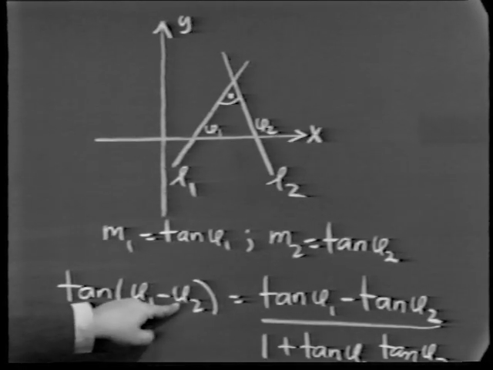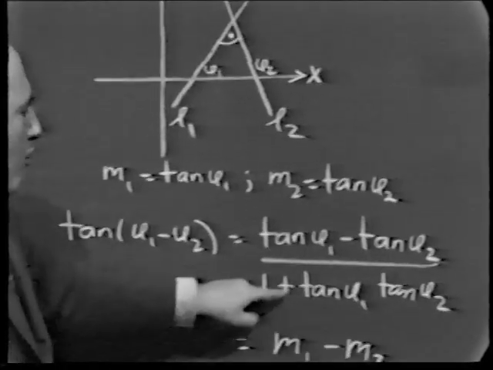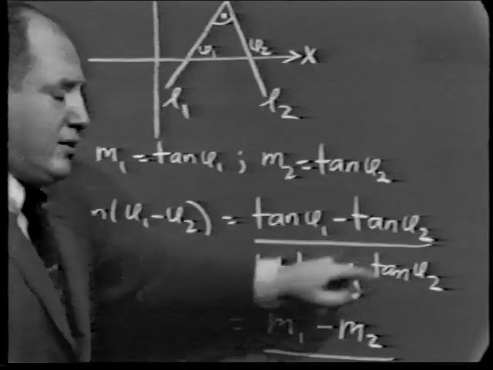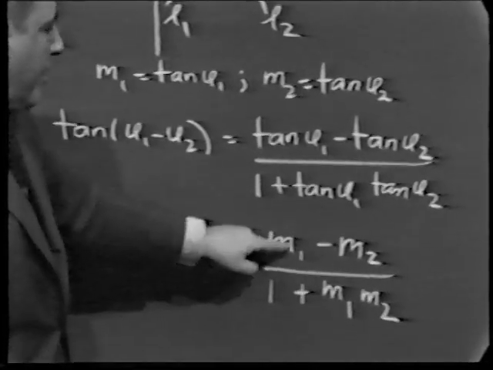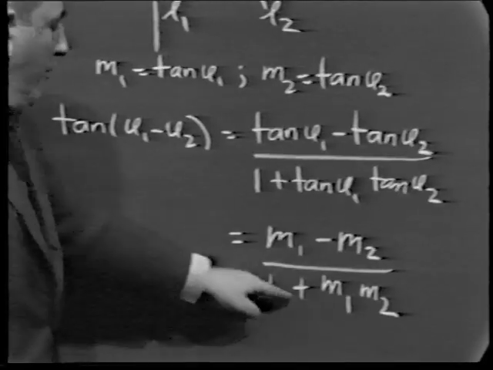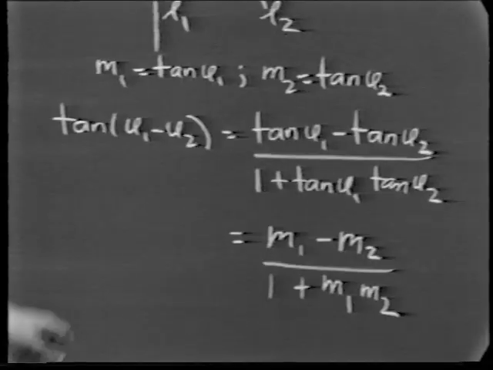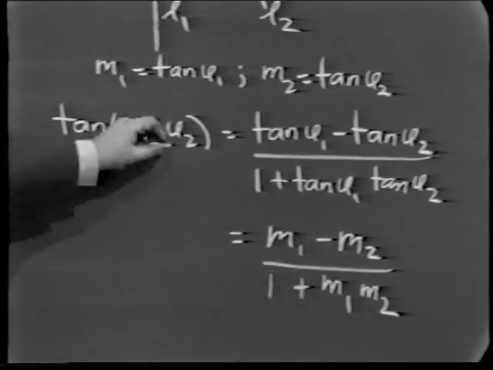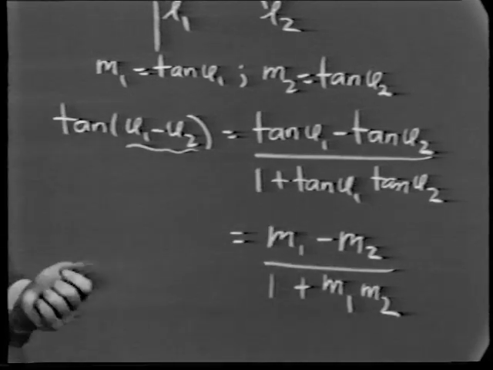Tangent of phi1 minus phi2 is tan phi1 minus tan phi2 over 1 plus tan phi1 tan phi2. On the other hand, by our definitions of m1 and m2, this is m1 minus m2 over 1 plus m1 m2. Now this tells me how to find the angle between two lines just in terms of knowing their slope.